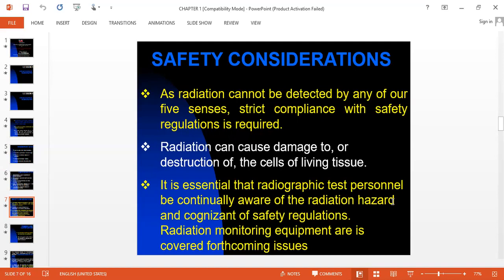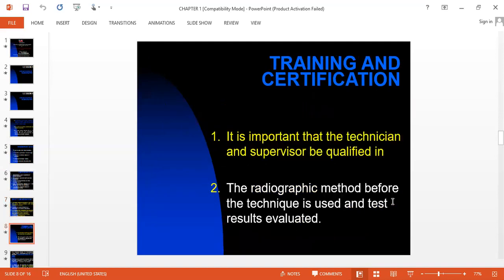Radiation can cause damage to or destruction of cells of living tissues. Then it is essential that radiographic test personnel be continually aware of radiation hazards and cognizant of safety regulations, and radiation monitoring equipment is covered. Forthcoming issues: here also we are going to see training and certification of RT personnel.